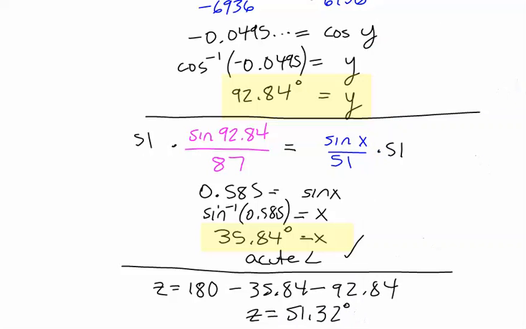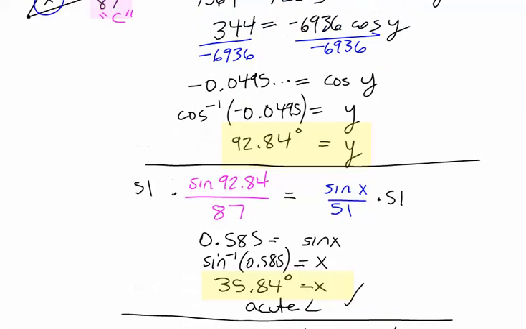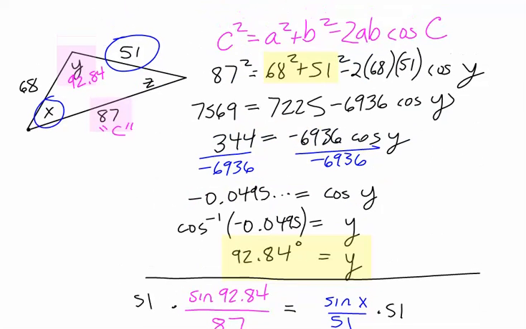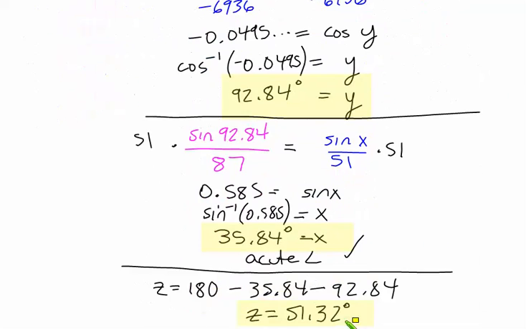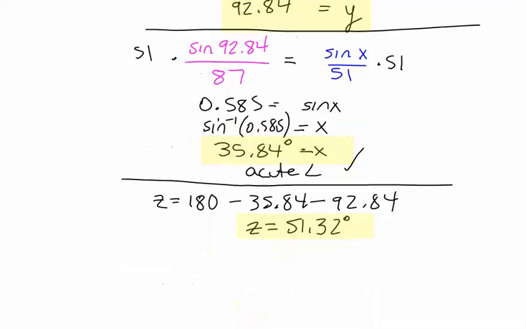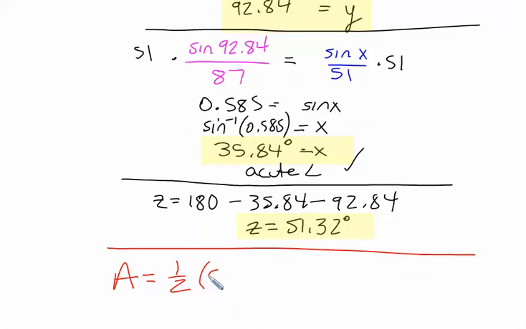But we're not quite done because there was one more thing that we did in class, which was determining the area of the triangle. So we'll take two of the sides that are right next to each other. I'll go with 51 and 87, and then the sine of z, which we just found. So if we wanted the area of this triangle, the area would be equal to 1/2 times the 51 times the 87 times the sine of our angle z.